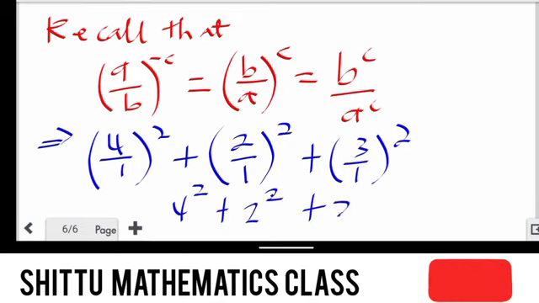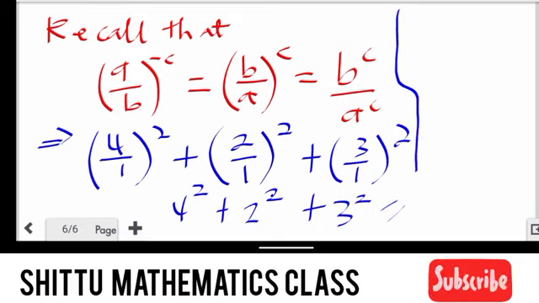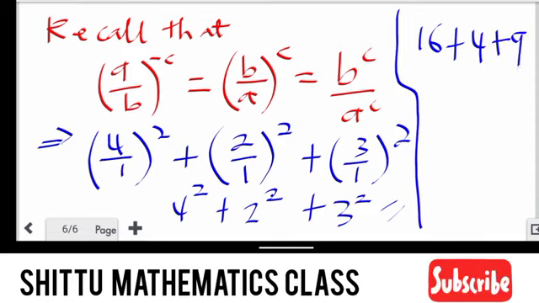From there, 4 square is going to be 16, 2 square is going to be 4, and 3 square is going to be 9. Now when you add all these together, 16 plus 4 we have 20, and 20 plus 9 is going to be 29. Therefore, that is the solution.